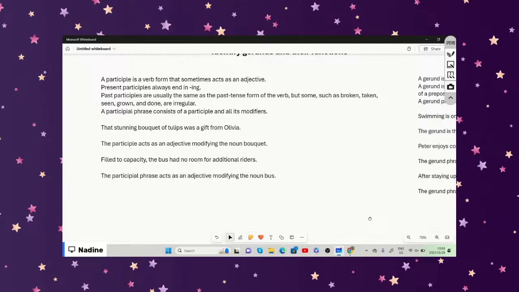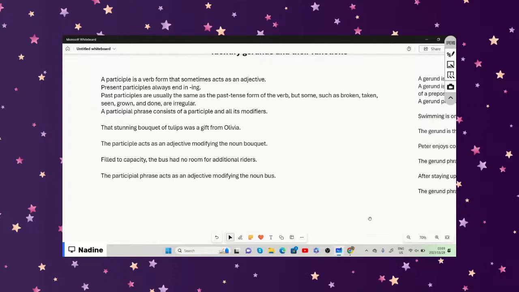So we have present participles, and present participles always end in ing.